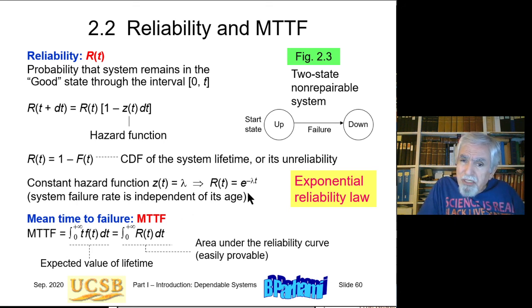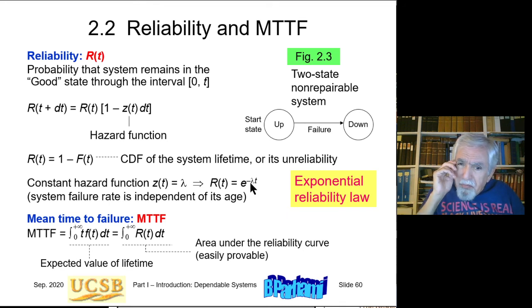Here is its justification. The reliability of a system having constant failure rate lambda, operating for a time period t, is given by this equation. Of course, in the equation that we saw before, there was this factor n in the exponent, n lambda t.